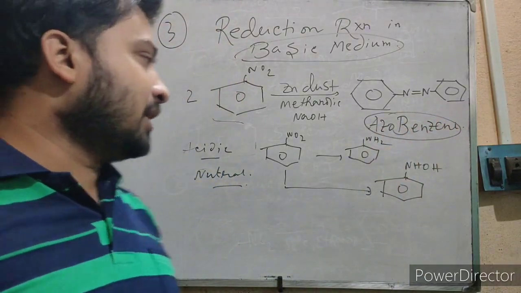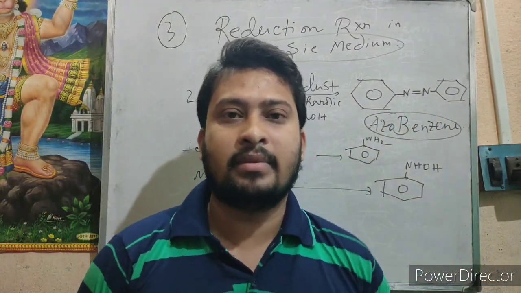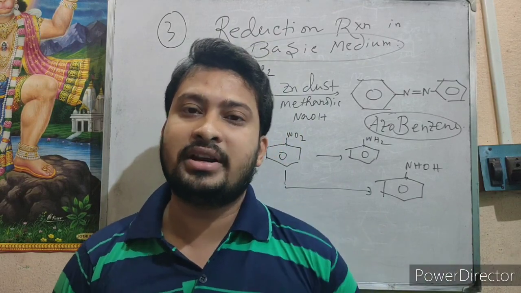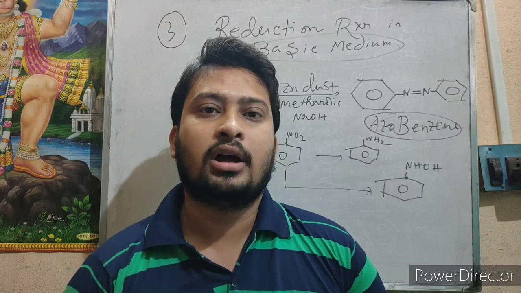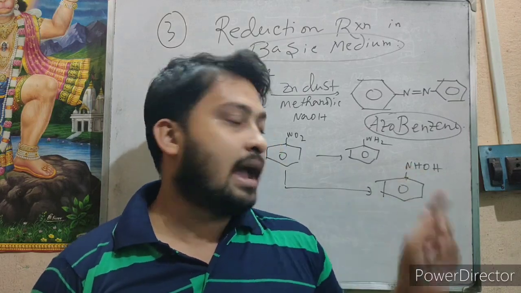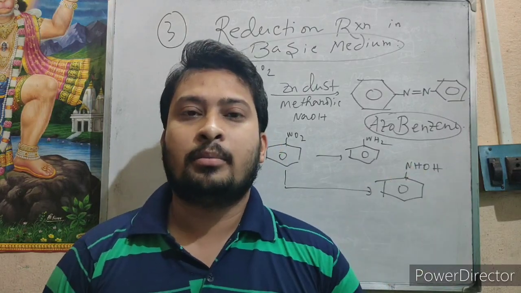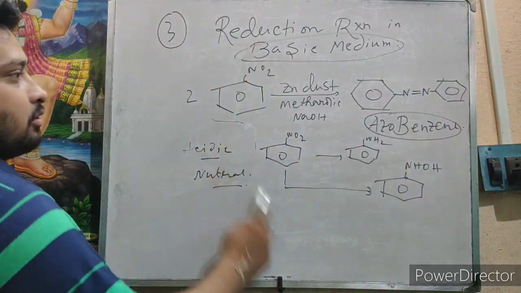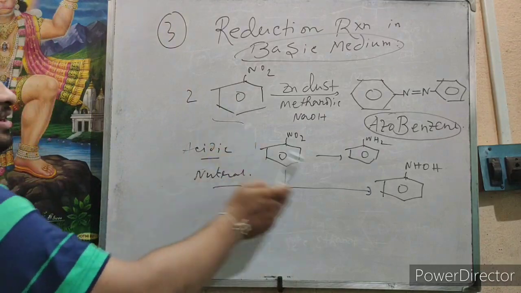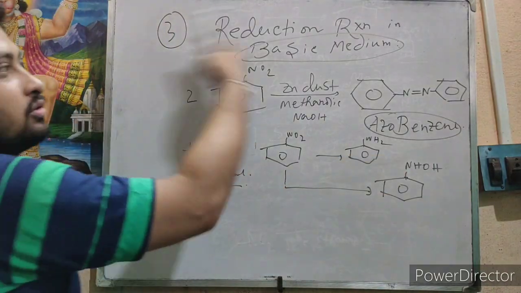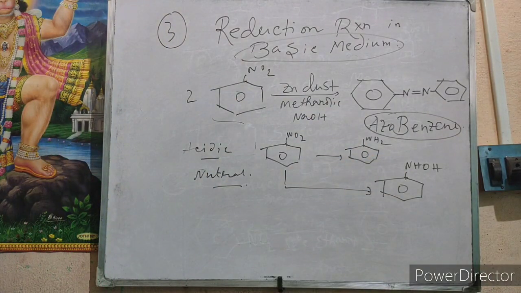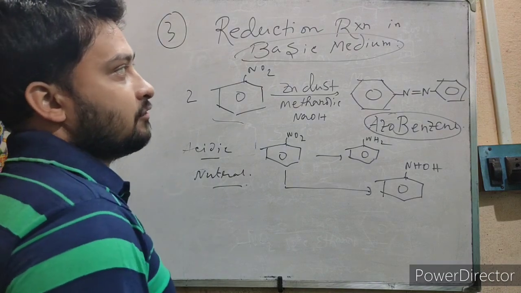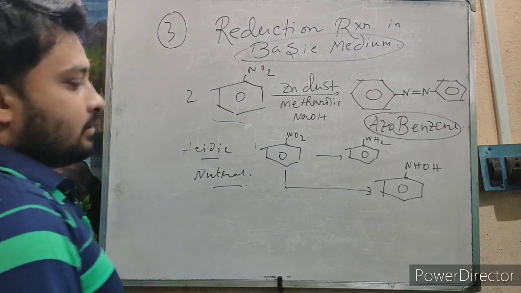Clear? Repeat after me. In acidic medium, nitrobenzene gives you aniline. In neutral medium, nitrobenzene gives you phenyl hydroxylamine, and in the basic medium, nitrobenzene gives you azobenzene. So those are the three reactions of nitrobenzene in different media.